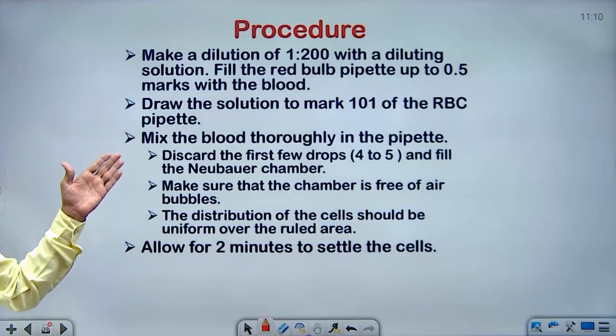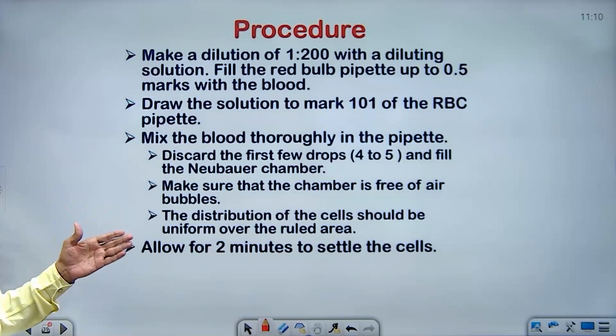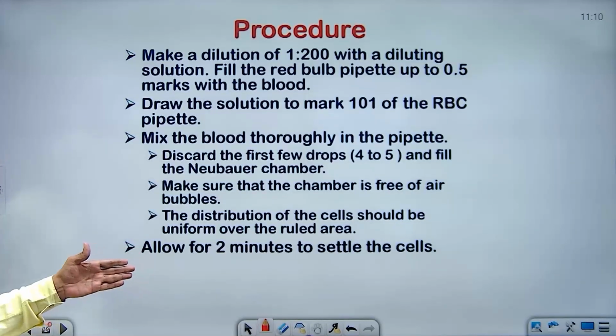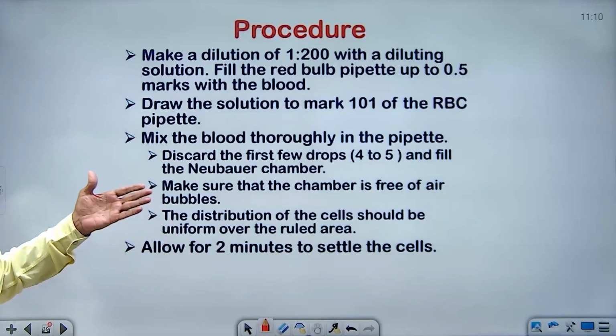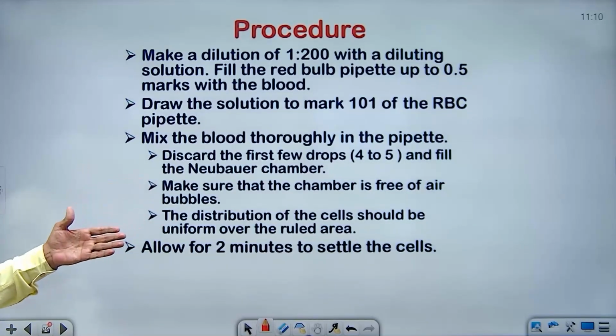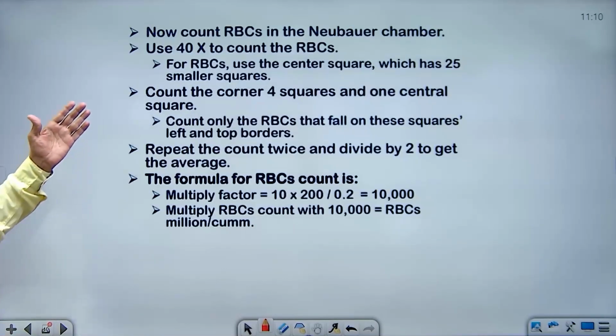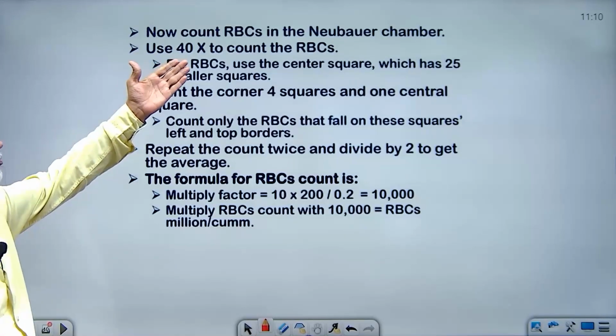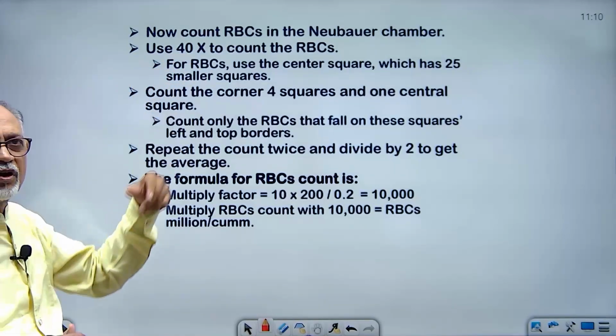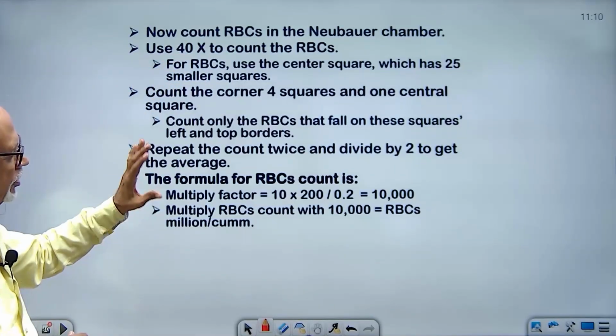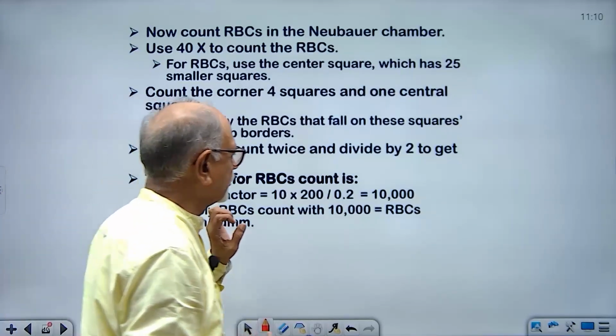Here is the same procedure as I have just narrated. About 2 readings are taken, then their average is taken for final calculation. A magnification lens of 40x is used for counting the RBCs.